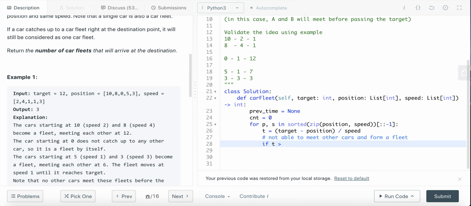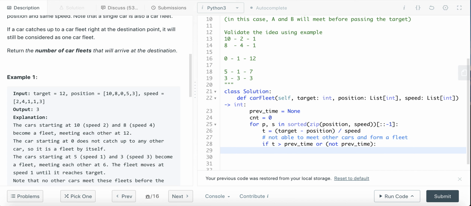So in that case, if this t is greater than the previous time, it means it cannot catch the car ahead of it. Or if there is no previous time, which means it is the first car.